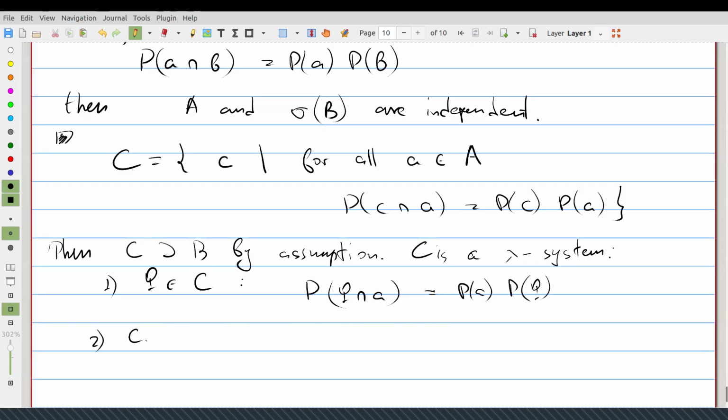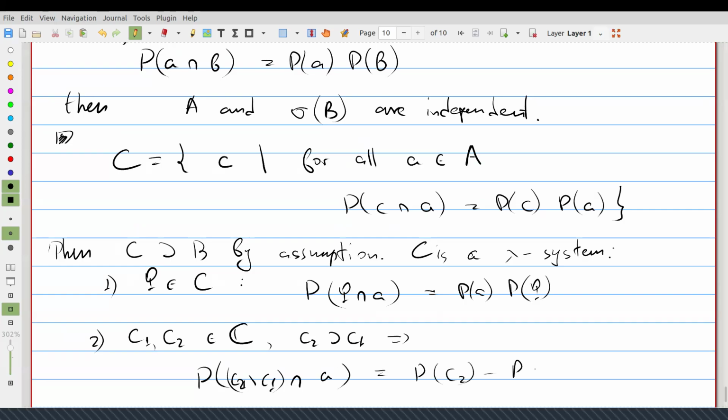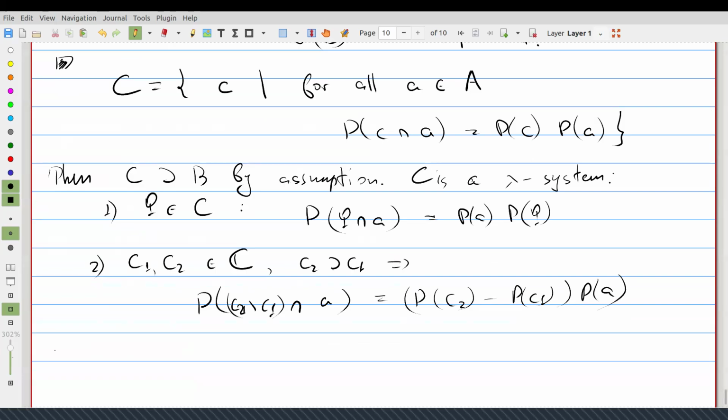Now, if C1, C2 belong to C capital, and C2 is greater than C1, then P((C2 minus C1) intersect A) is again, by our assumption and the construction of C capital, the product of the probabilities.